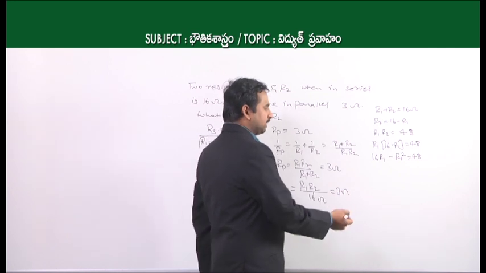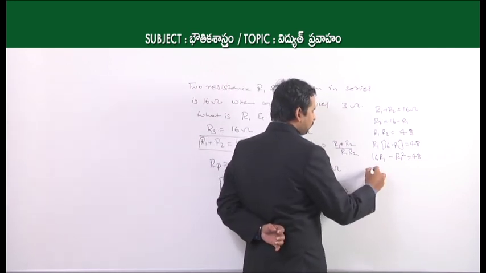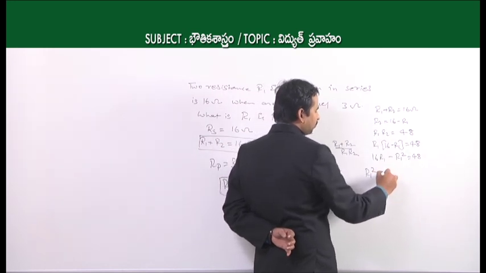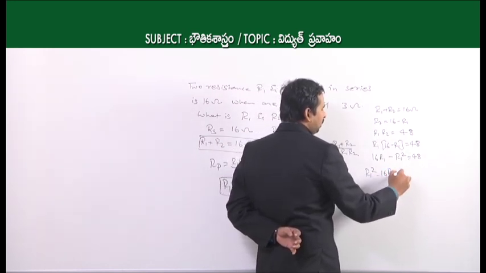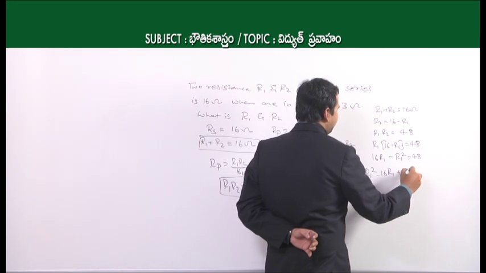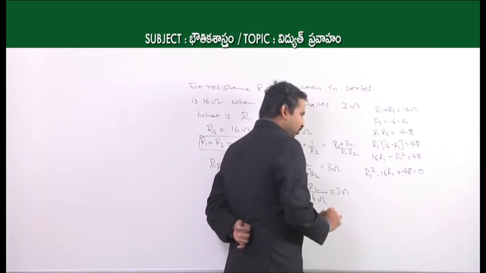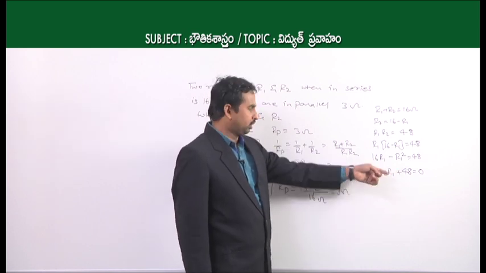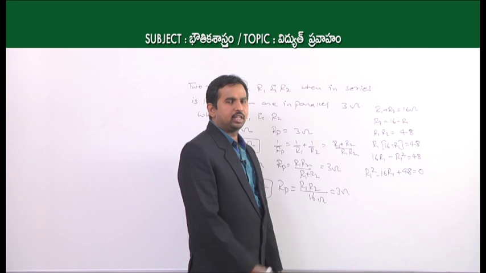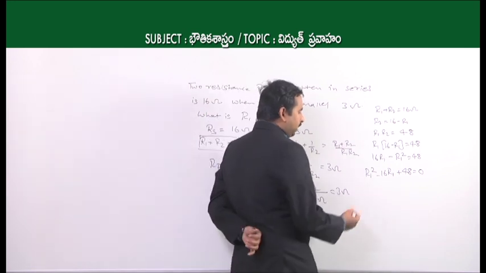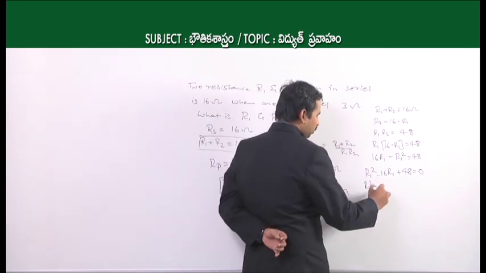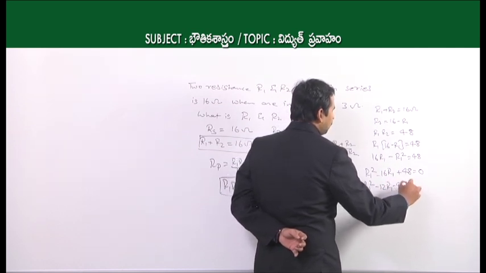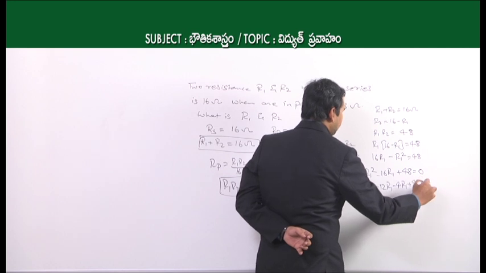If you bring that to the other side, then R1 square becomes plus, and 16 R1 becomes minus 16 R1, plus 48 is equal to 0. So R1 square minus 16 R1 plus 48 is equal to 0. Then if we take the factors of 48, we can take 12 and 4, which gives R1 square minus 12 R1 minus 4 R1 plus 48 is equal to 0.